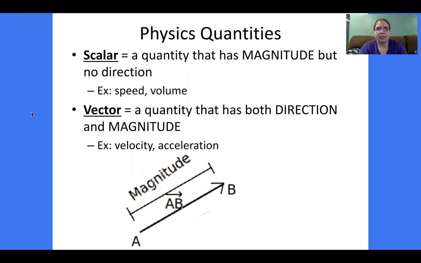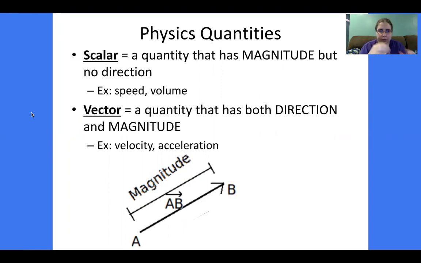Scalar is when a quantity has magnitude but no direction. So it's an amount, and that's it. Remember how we said speed was how fast you're going? And even volume is how much mass takes up a certain amount of space, as opposed to vector, which is looking at magnitude and direction.